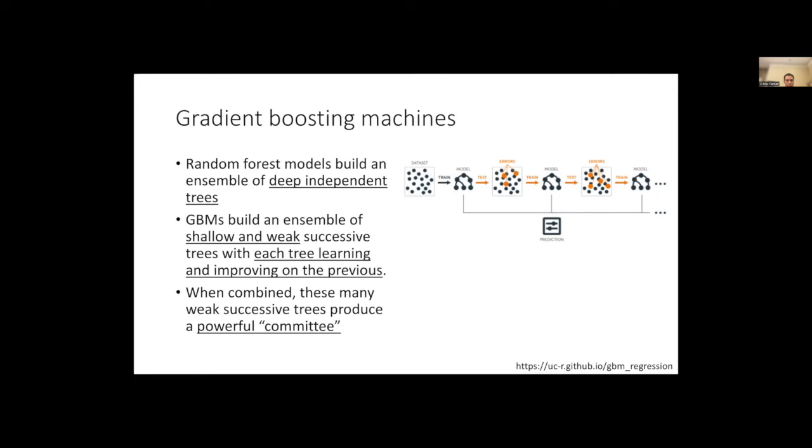Each time the machine tries to learn from the previous model and then improve for the subsequent one, in order to improve the accuracy of the model itself for the final end product. When combined together, these many weak successive trees produce a powerful committee, in order to have a very strong prediction for the post-op stroke risk. And this is the model that we go with, the gradient boosting machine model.